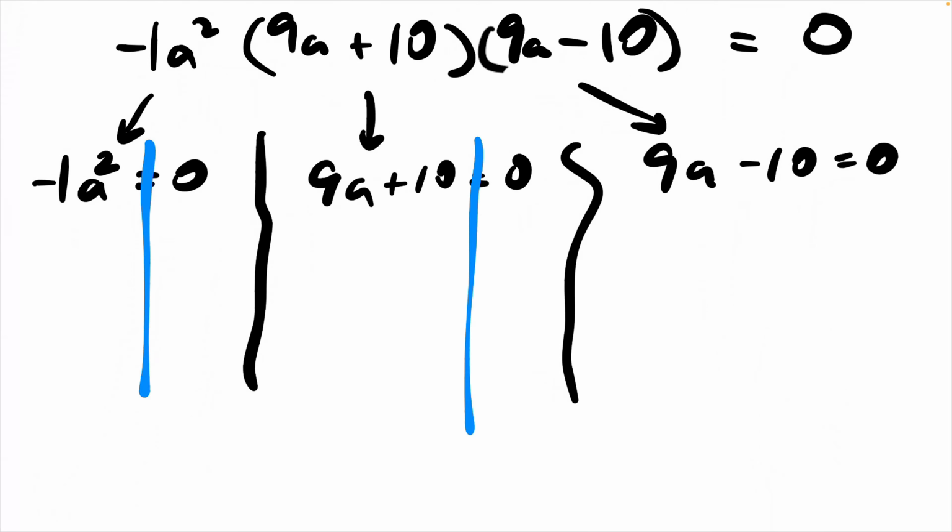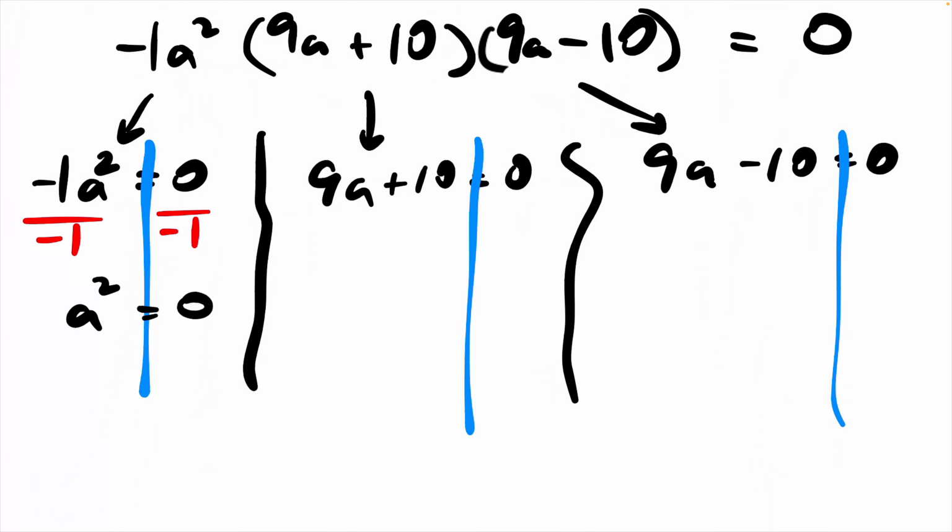Solve for A, solve for A, solve for A. Divide by negative 1, 0. What number times itself equals 0? 0.